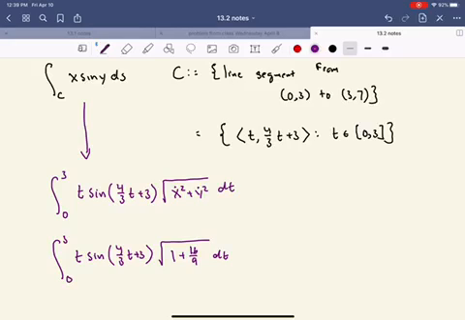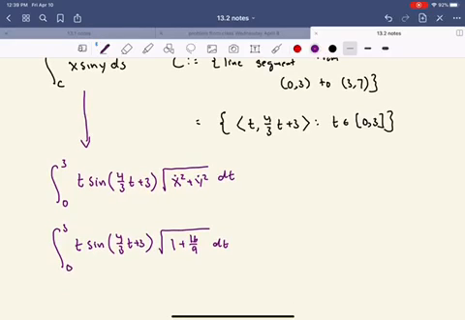Okay. How would you integrate that? Well, first thing you would probably do is make a substitution here. Actually, you know what? I wouldn't do that. I would do an integration by parts here.